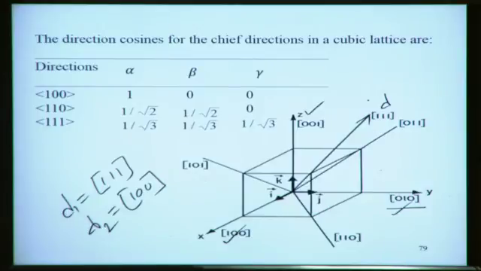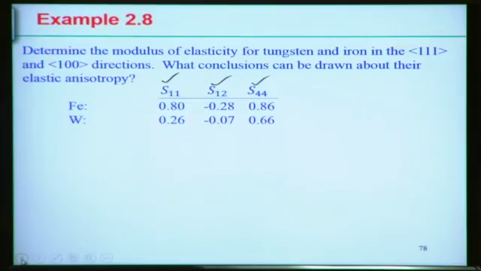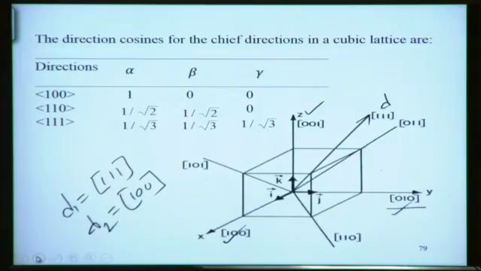Here with respect to 1, 1, 1, the direction cosines alpha, beta and gamma we can easily evaluate, because these direction cosines can also be found between two different axes, 1, 0, 0 and 1, 1, 1.